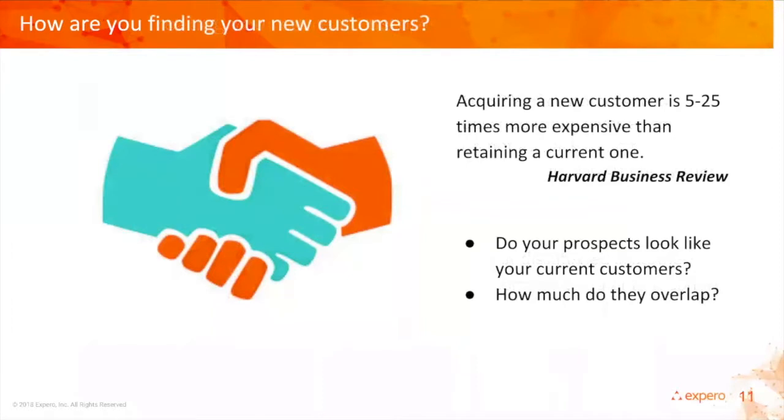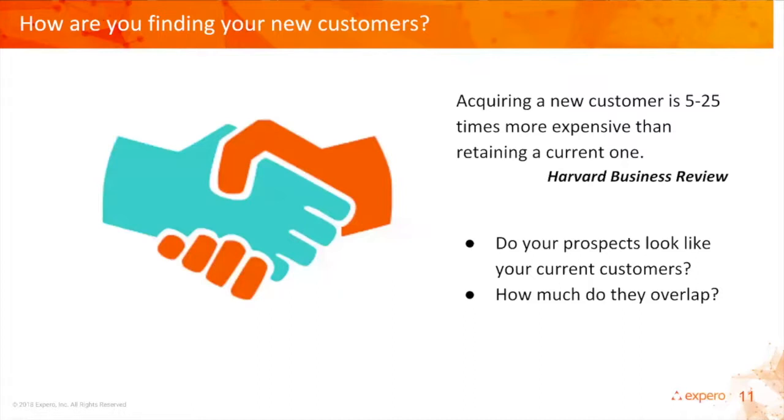And as we all know, getting new customers is much harder than keeping the current ones. There's a Harvard Business Review study that suggests it's as much as 25 times more expensive to gather a new customer as it is to retain a current one. So as you think about your Customer 360 issues, as you're looking for new prospects, do they have similarities to current customers?